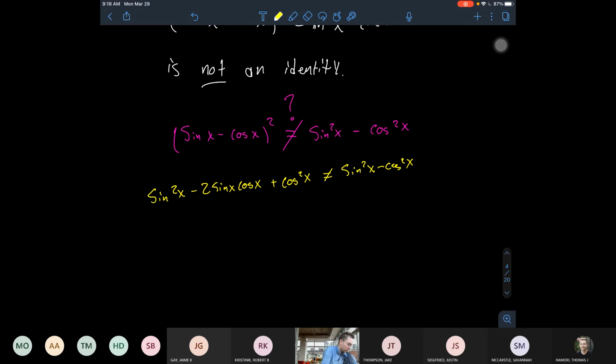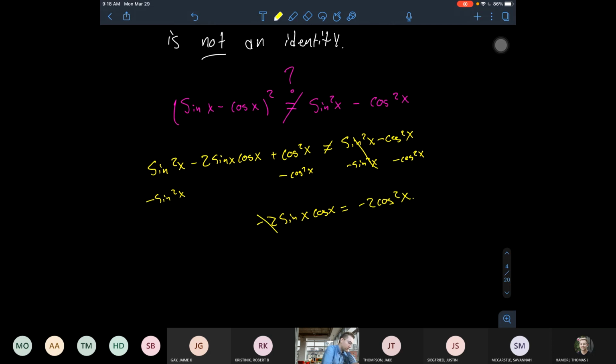Okay. So let's see here. I'm going to maybe subtract over sine squared x and subtract over cosine squared x as well. Subtract sine squared x. These ones cancel. Subtract cosine squared x. I get negative 2 sine x times cosine x is equal to negative 2 cosine squared x.